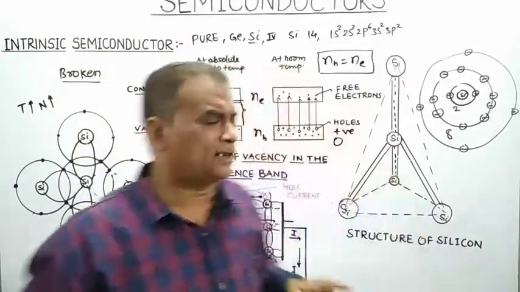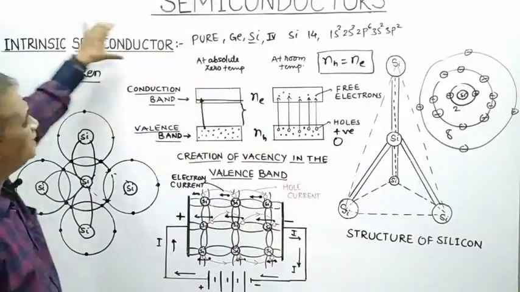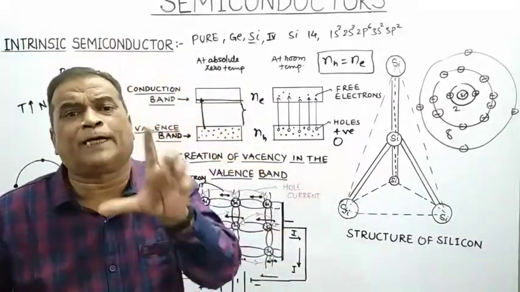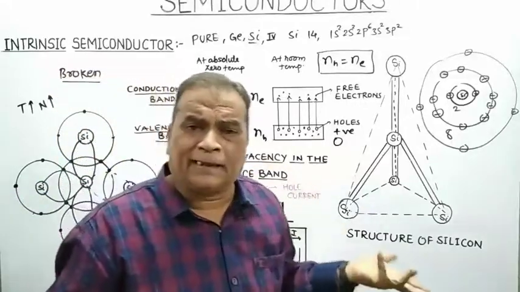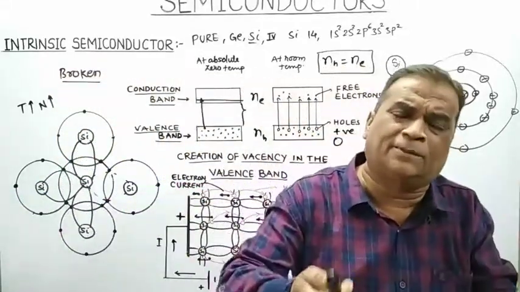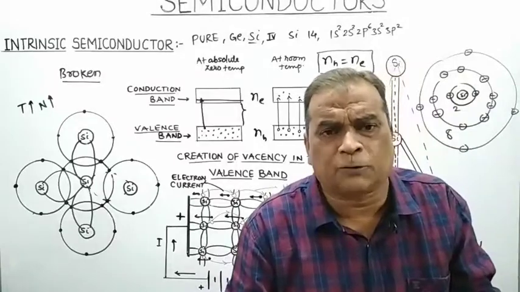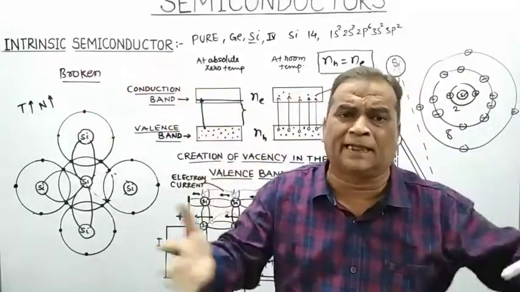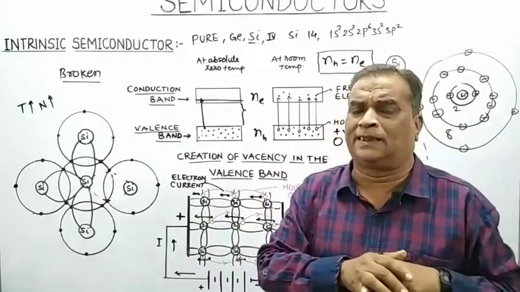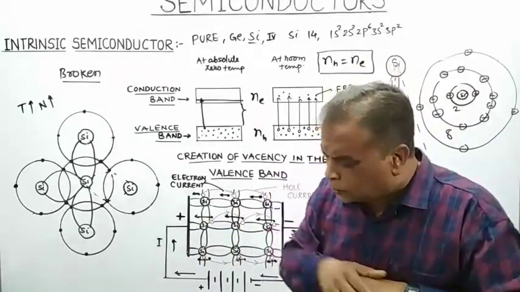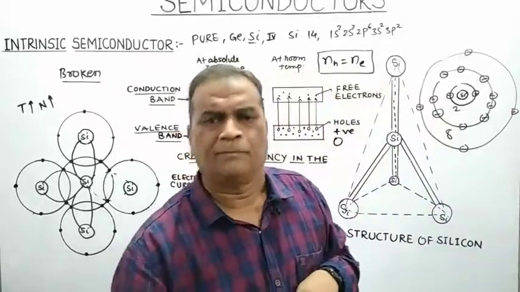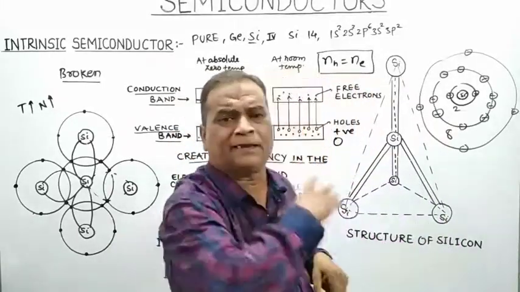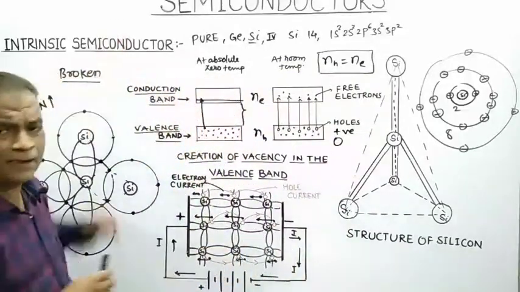And if the electrical conductivity of intrinsic semiconductor is low, that's why intrinsic semiconductors cannot be used in designing semiconductor devices at room temperature. So by certain technique, anyhow we must increase the electrical conductivity of semiconductor.